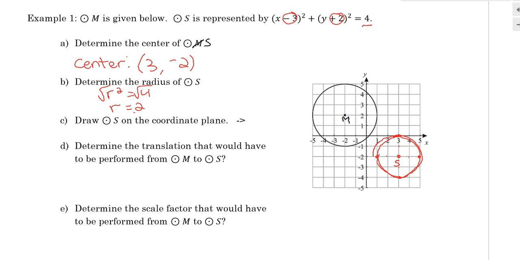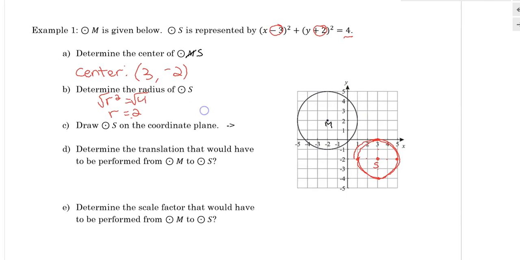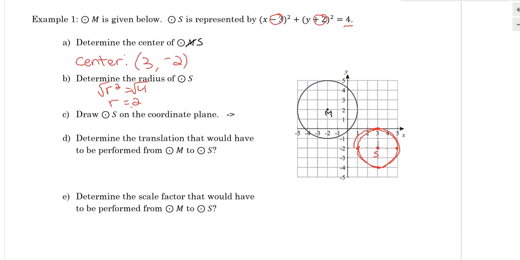All right, looking at D, determine the translation. So that's how far it moves. Okay, so when we're looking at translations, we're going to be looking at the centers of the two circles. So I want to go from M to S. I'm traveling from one to the other, and I only want to follow the lines. So if I start at M, I'm going to go this way, and then this way.